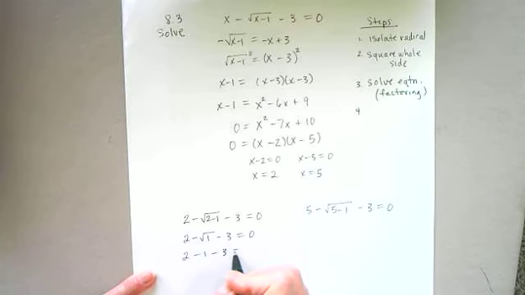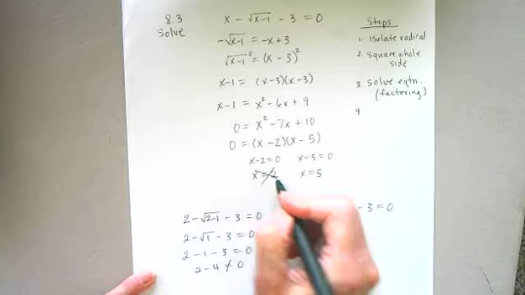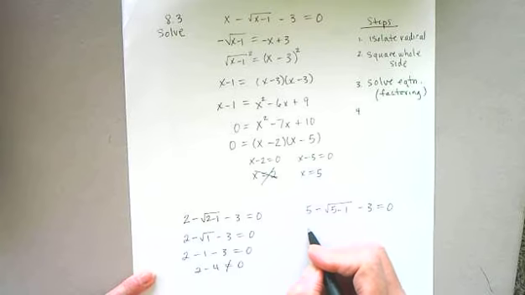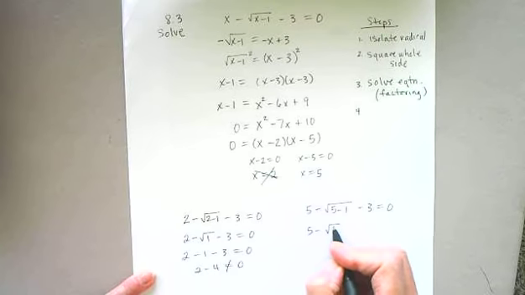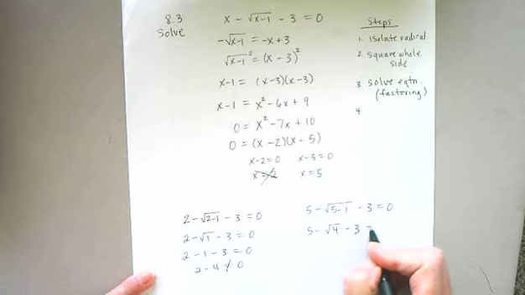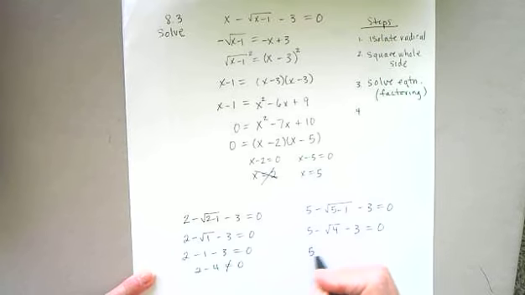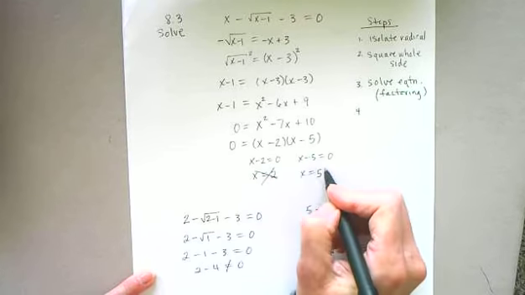So putting that in, now I have 2 minus 1 minus 3. That is negative 2, and that does not equal 0. So that is not a solution. But here I have 5 minus the square root of 4 minus 3 equals 0. So I get 5 minus 2 minus 3 equals 0. And that is true. So that is our solution.